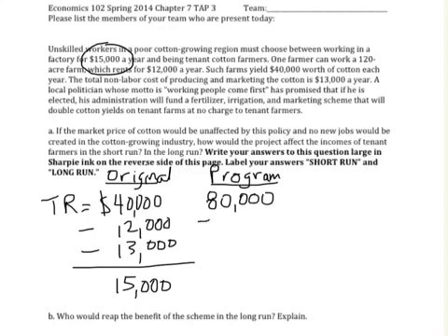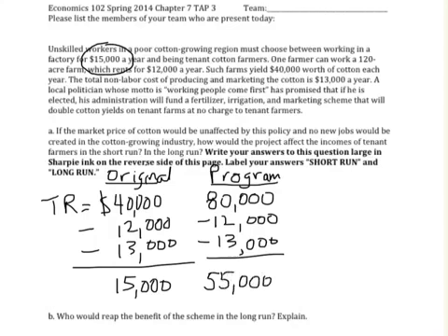Their leases right out of the gate are still $12,000 a year, and the inputs they have to buy are still $13,000. When we look at the difference between their revenues and their explicit costs, we see that their income, what they're living off of, has now gone up to $55,000. So in the very short run, the farmers do benefit.